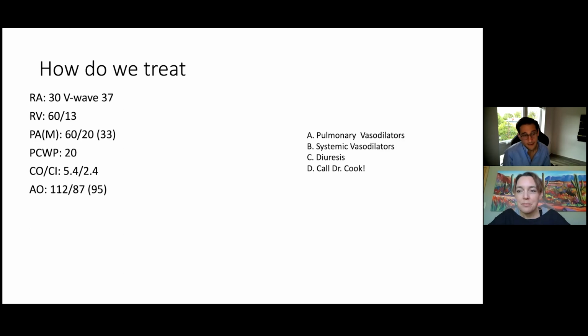I take that mean arterial pressure is 95, which is very high in this setting. Most of my patients have MAPs in the 60s, 65 is lots of blood pressure for me. So a MAP of 95 is definitely hypertensive in the heart failure world, which really opens up the door to systemic vasodilators for us.